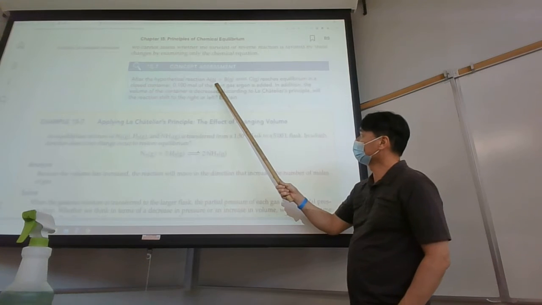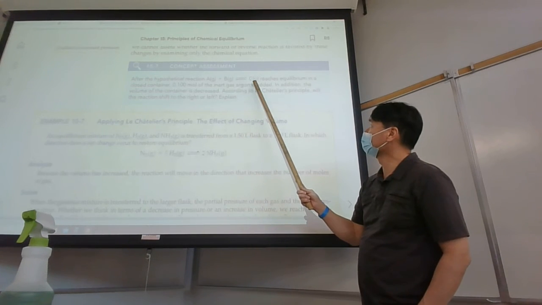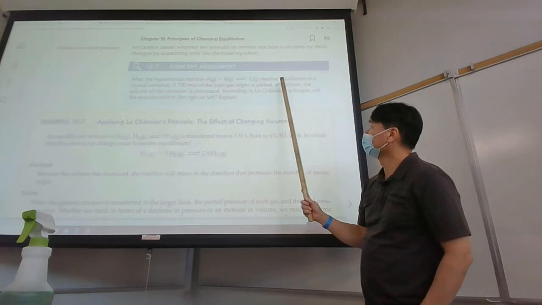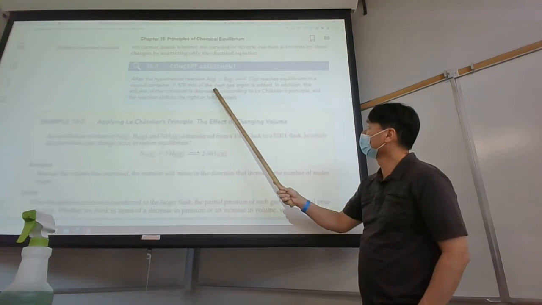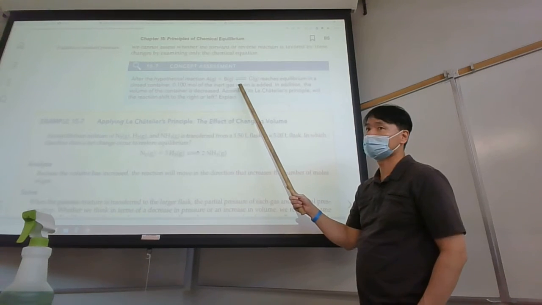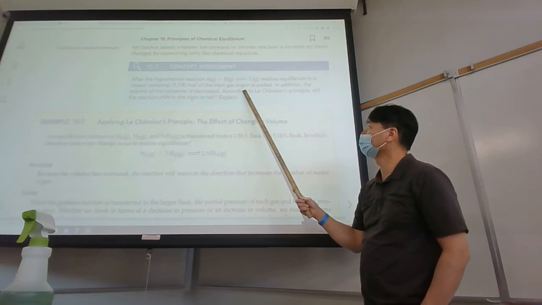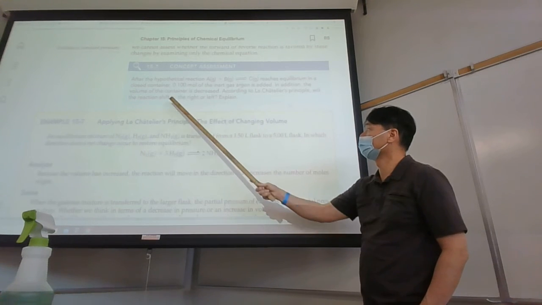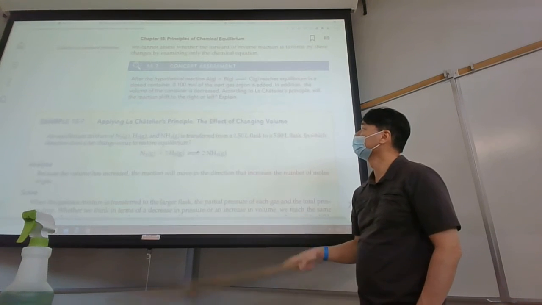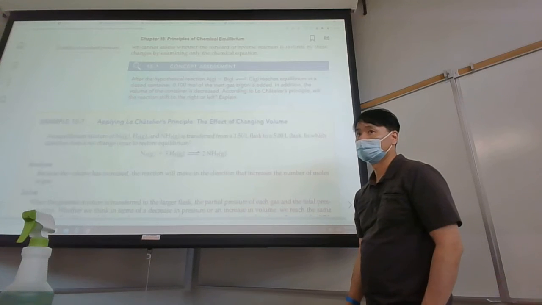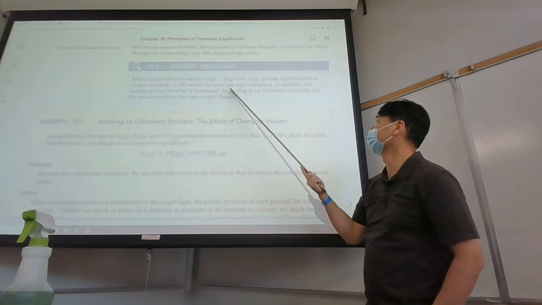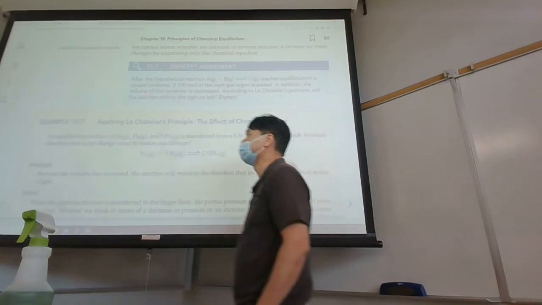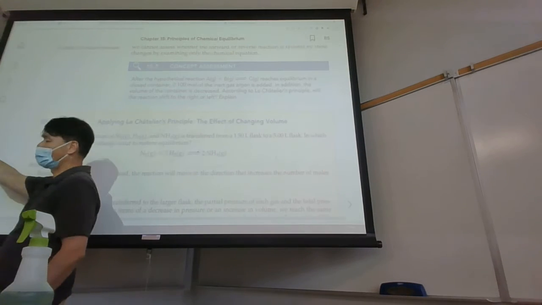Let's take the hypothetical reaction A gas plus B gas yields C gas. It reaches equilibrium, and then we add argon gas to this. Which way will it shift, to the right or left? No shift. Argon is an inert gas, so it's going to act as an inert gas here.